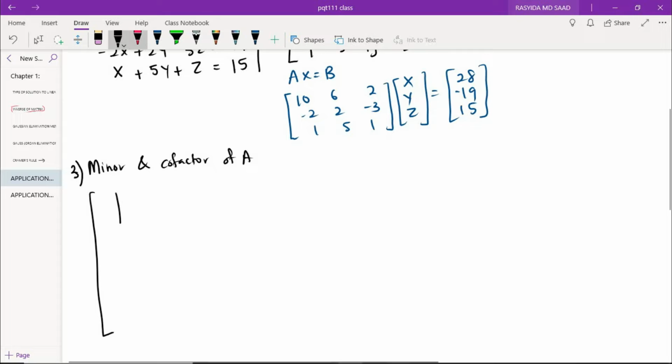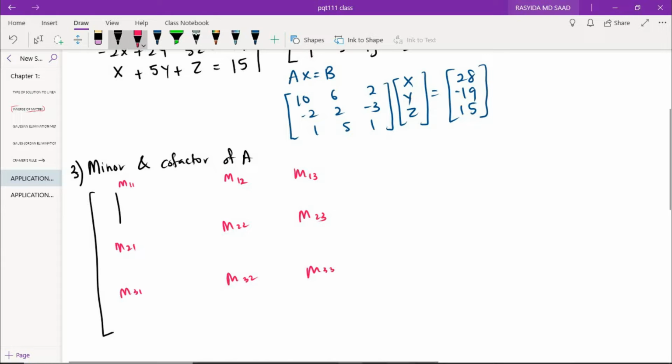As we know, this one will be M11, M12, M13, M21, M31, M22, M23, M32, M33.